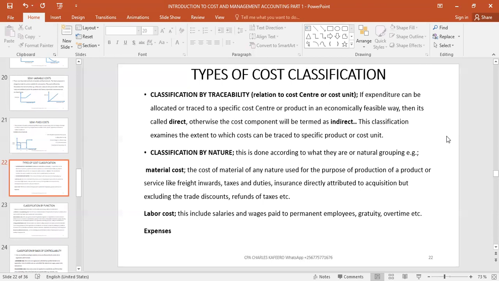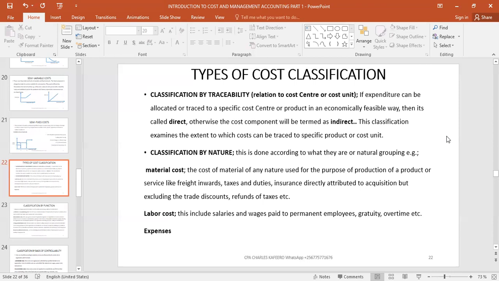But the other thing I want you to take note of is that when they ask you what is material, please don't explain the material cost. When they are asking for the materials, make sure you are explaining the materials, not the material cost. And when they are asking for material cost, make sure you're not explaining materials.